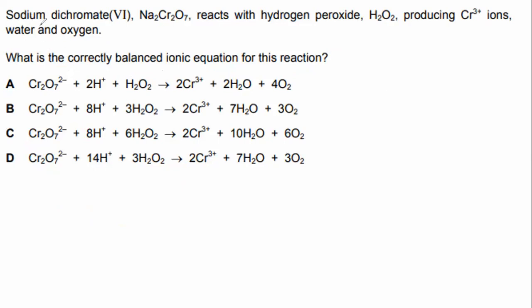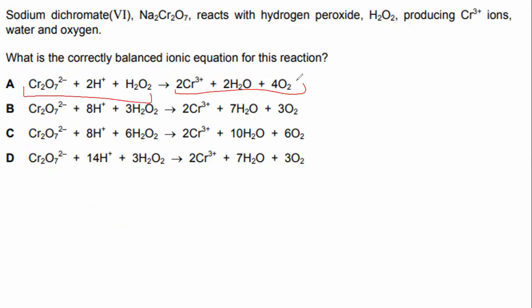So we don't need to have a look at this. What is the correctly balanced ionic equation for this reaction? Look, guys, in this type of question, we have to make sure about balancing the number of atoms and balancing the total charge on each side.